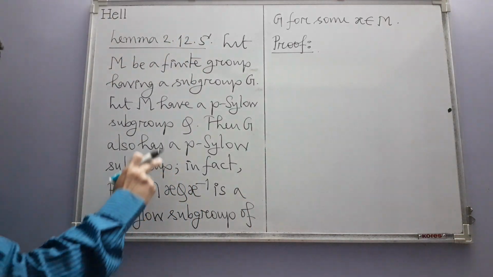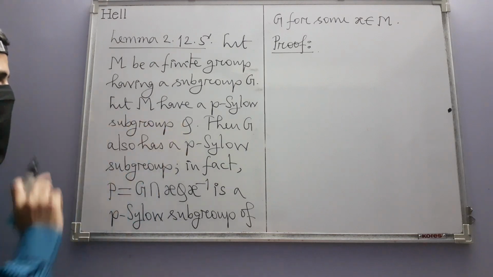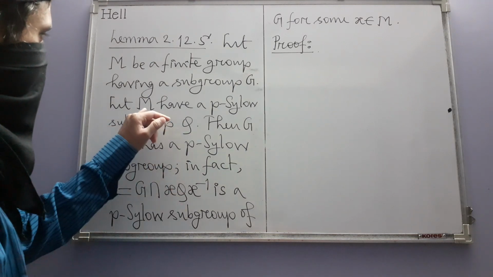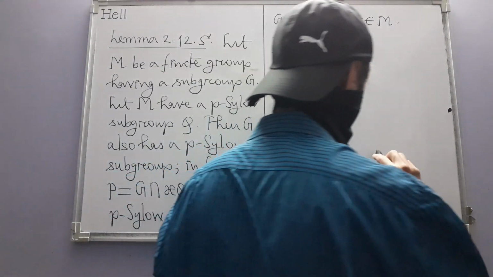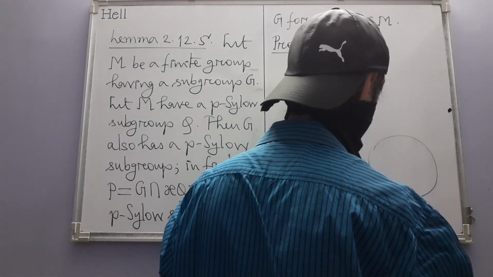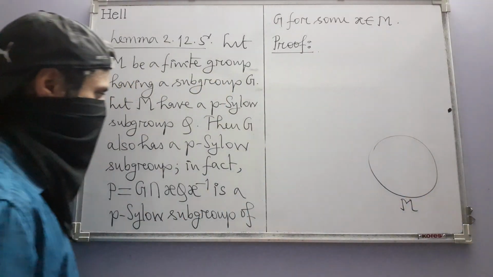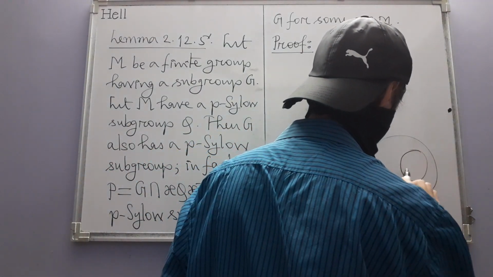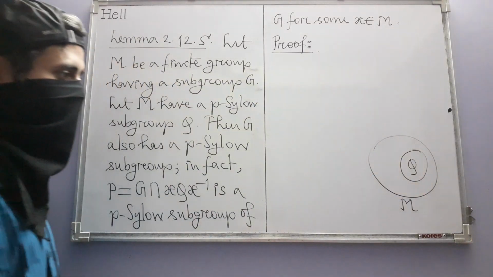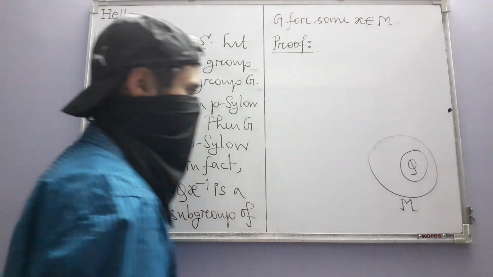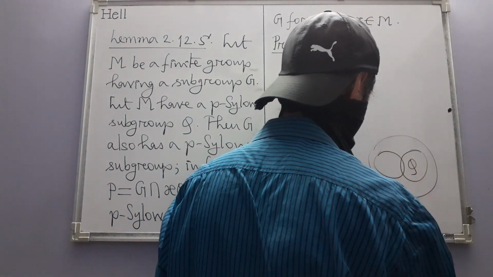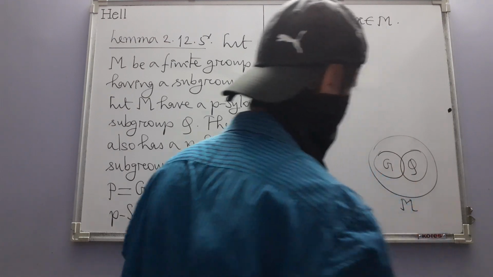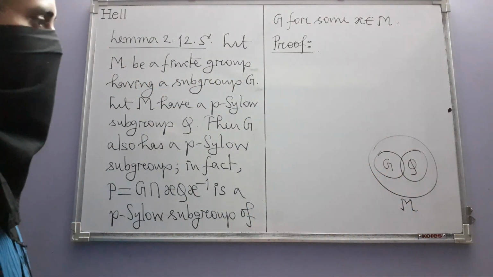Using G and Q. Note that our large group M now has two subgroups. Q is a p-Sylow subgroup of M, and there is G of course also sitting inside M as a subgroup.